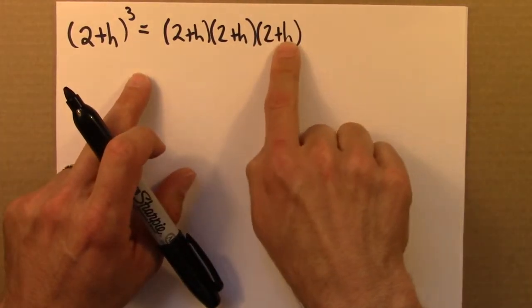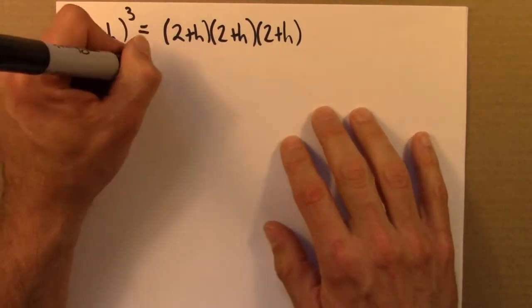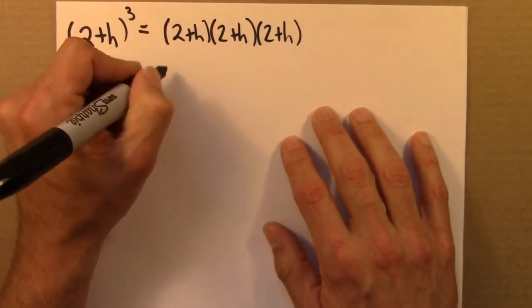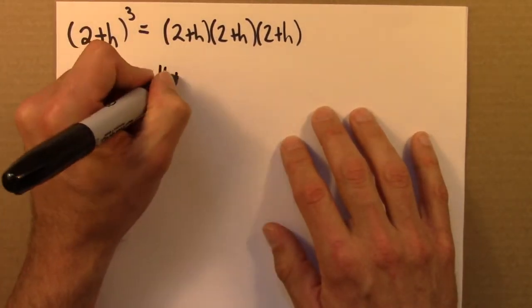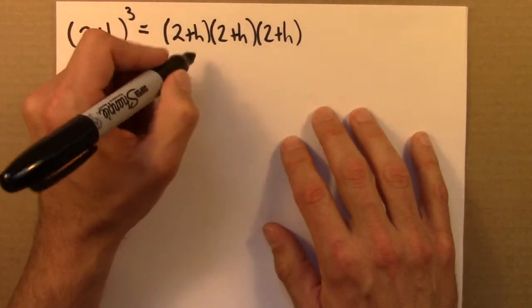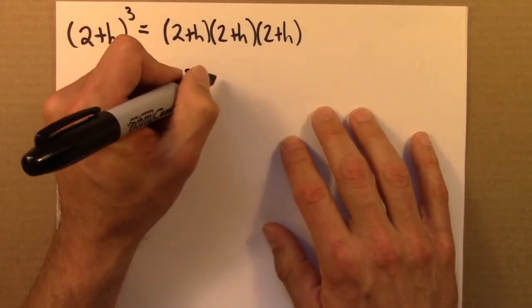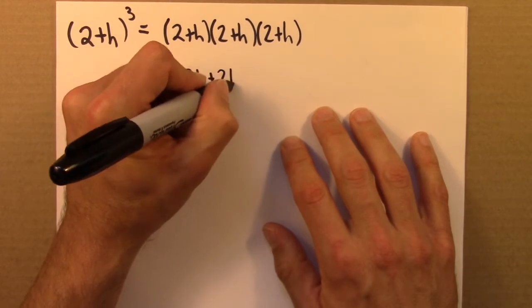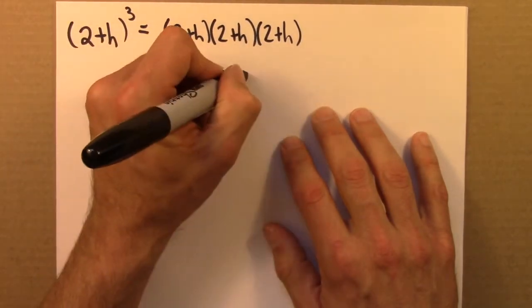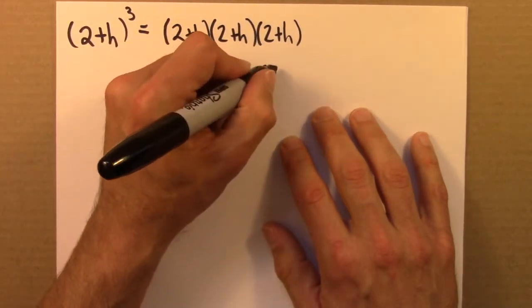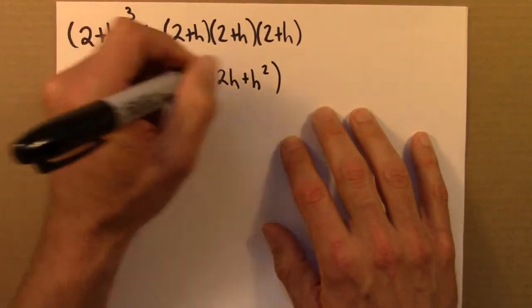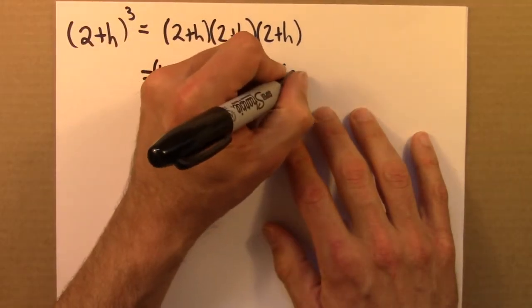And I'm just going to leave this alone. So let's see. 2 times 2 is 4. 2 times h is 2h. 2 times h is 2h. h times h is h squared. And then I still have this 2 plus h.